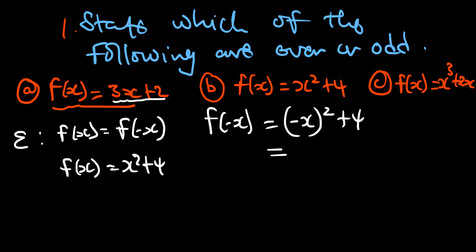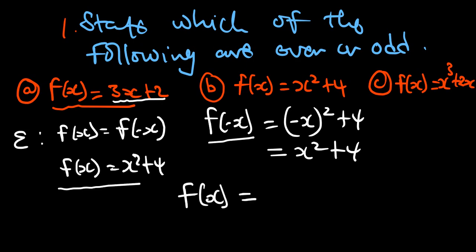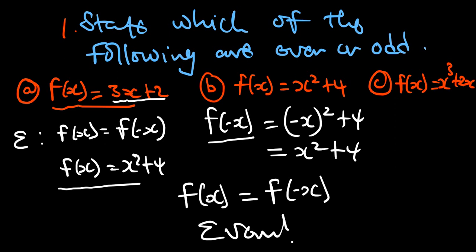So we see that this is going to be x squared plus 4. So if we compare our f of x and our f of minus x, we see that f of x is the same as f of minus x. Since this condition here is satisfied, we are going to say our function is even.